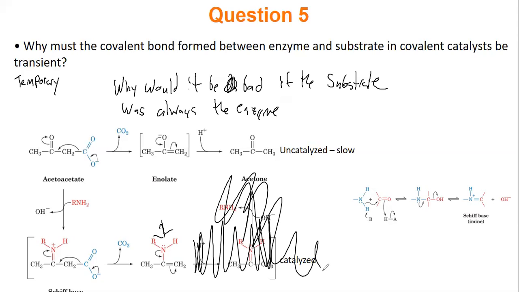So one of the things for an enzyme is it needs to be reusable. And so every time we look at a mechanism, the last few steps of that mechanism are restoring that enzyme. So make sure you understand that point. Enzymes have to be reusable. So anything we do to our enzyme in the course of our chemistry, in the course of our mechanism, we have to undo.